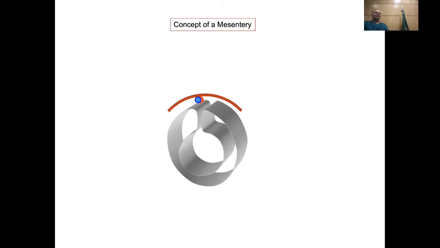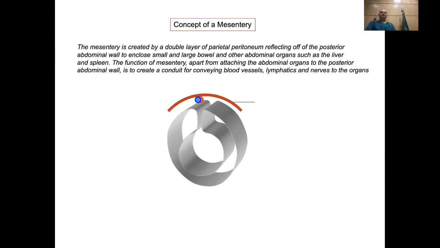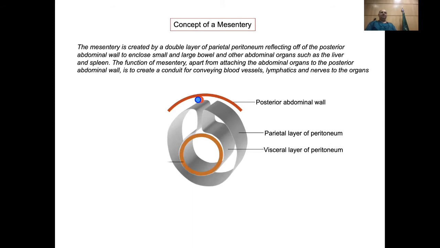Now, we know about it. We talk about it. This is the posterior wall. These are the parietal and visceral layers of the peritoneum. This is an organ. Cavity, mesentery, nothing new.